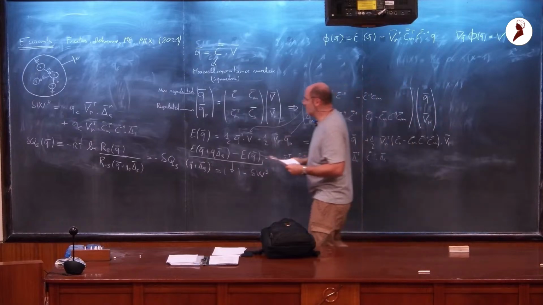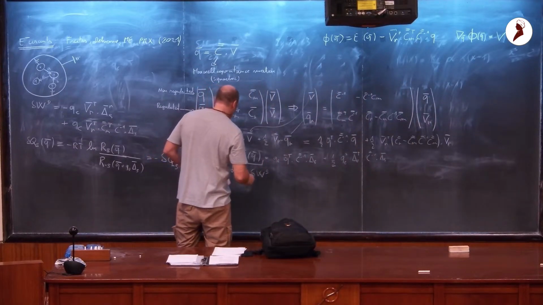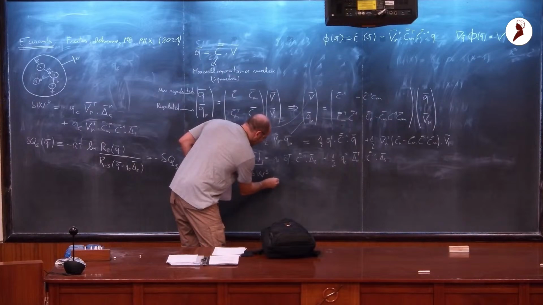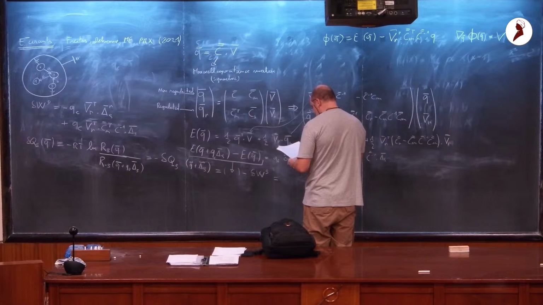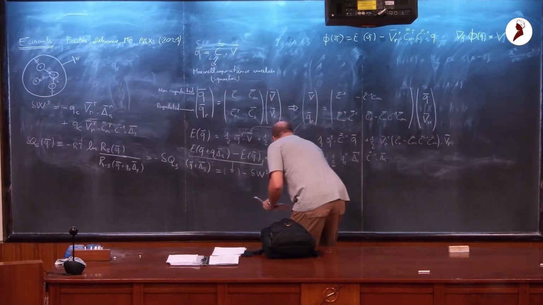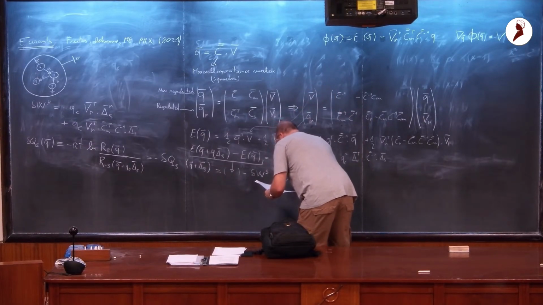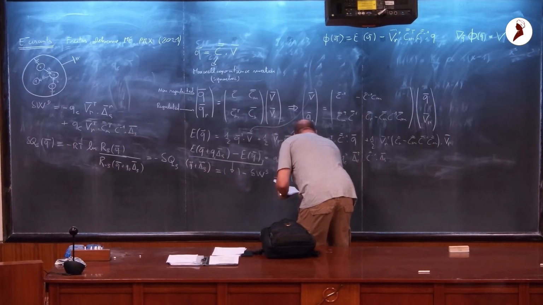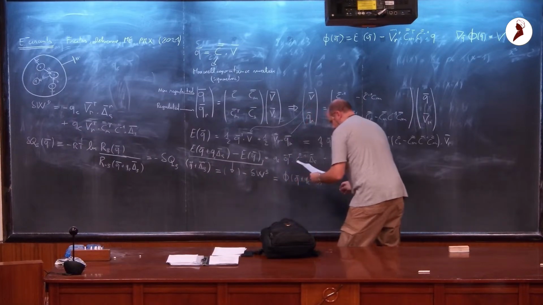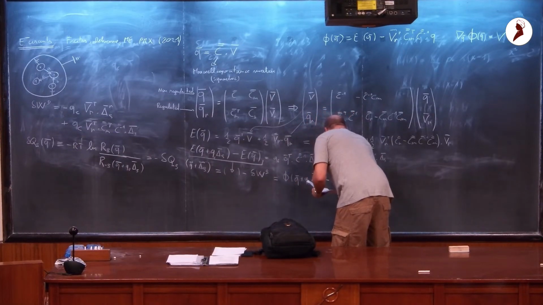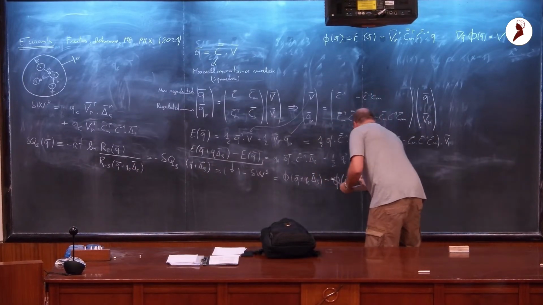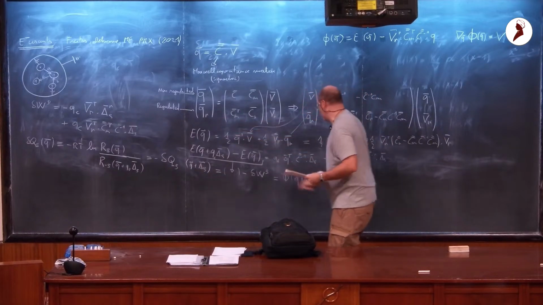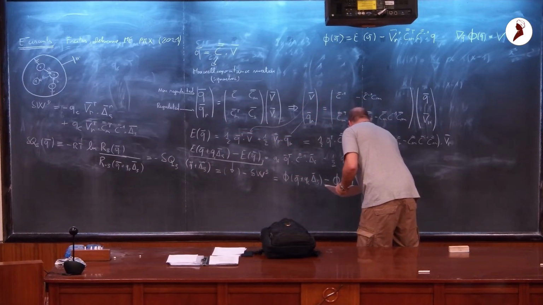And as a result, the local detail balance, I will continue it here. I can write it now as delta phi, so phi of Q plus QE delta rho, minus phi of Q, plus the remaining work, that is the one, plus because it's the minus.